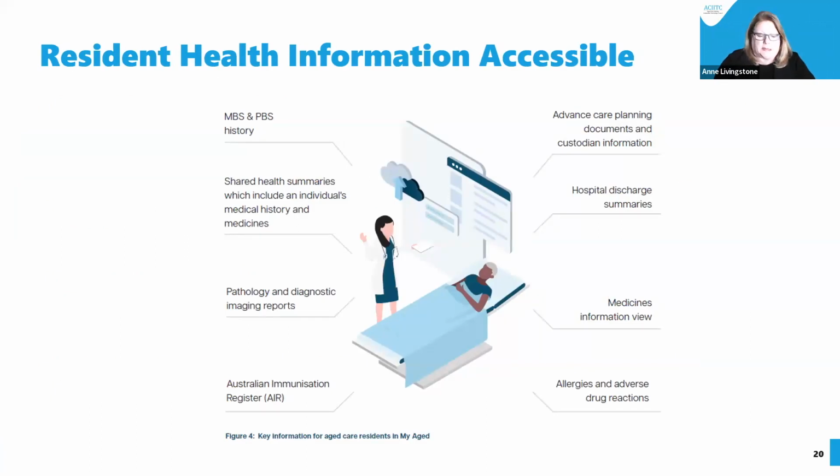So there's an extensive range of health information available within the My Health Record framework. Of particular relevance to residential aged care facilities is medication management, hospital discharge summaries, advanced care planning documentation, and much more. Some of those are on your screen now.